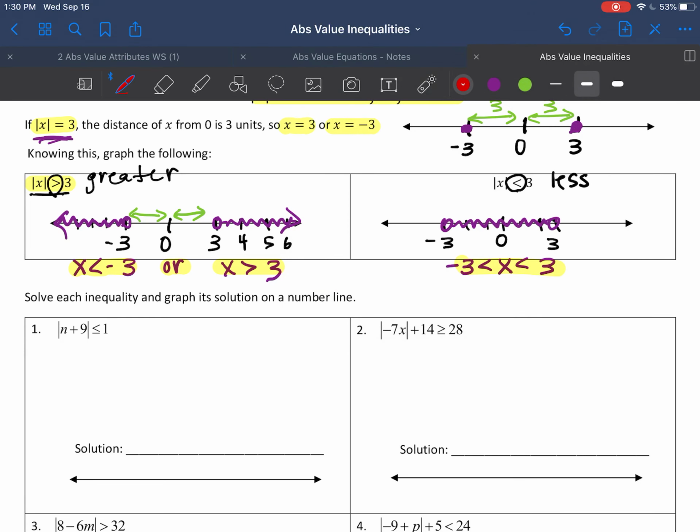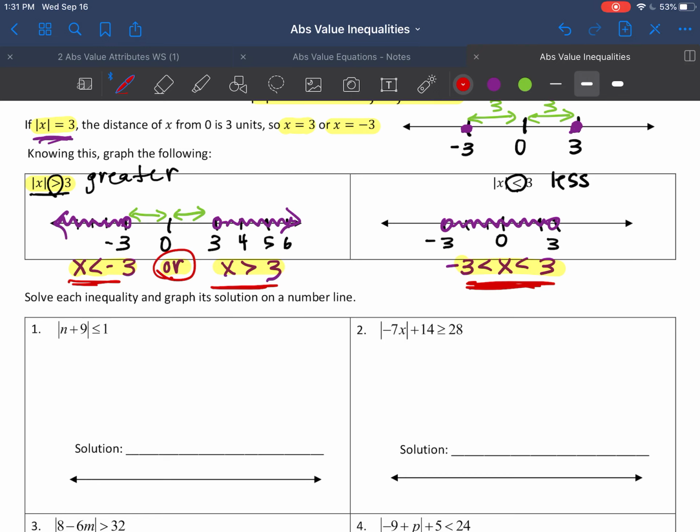Notice that if we have a greater than sign, we had two answers, and they were separated by an or. Okay, if we have a less than sign, we had one interval, and it was between two numbers.